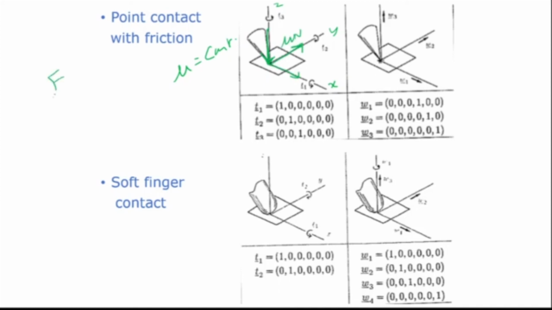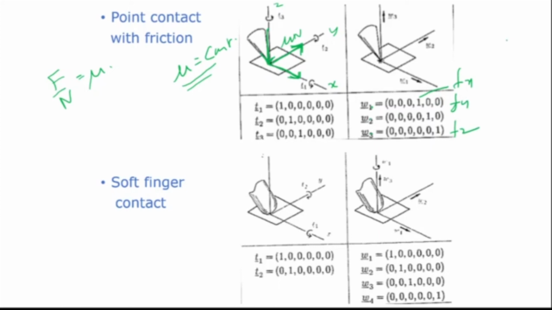So F by n is equal to mu. Okay. So there is going to be a force in this direction and this direction, which is proportional to the normal force into the friction coefficient. Okay. So I have 3 forces which are possible. So you can see that W1, W2, W3, this is Fx, Fy and Fz are possible.